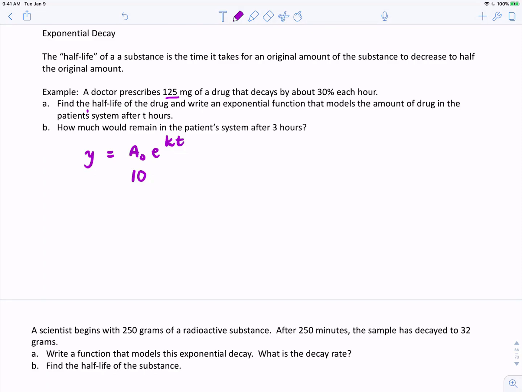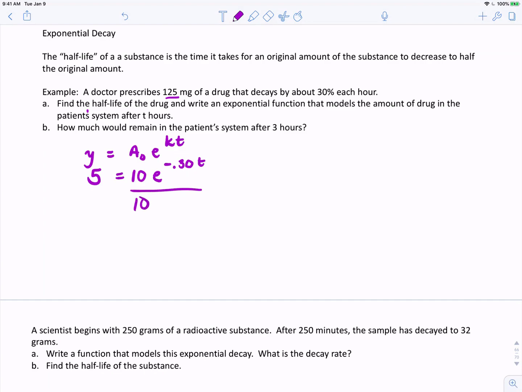Okay, and it decays 30% per hour, so I know my k is equal to negative 0.30 times t, and I want to know the half-life. I'm trying to figure out how long it takes for this to happen. How long will it take for there only to be 5 milligrams left in the patient's bloodstream? All right, so we're just going to go ahead and solve this equation.